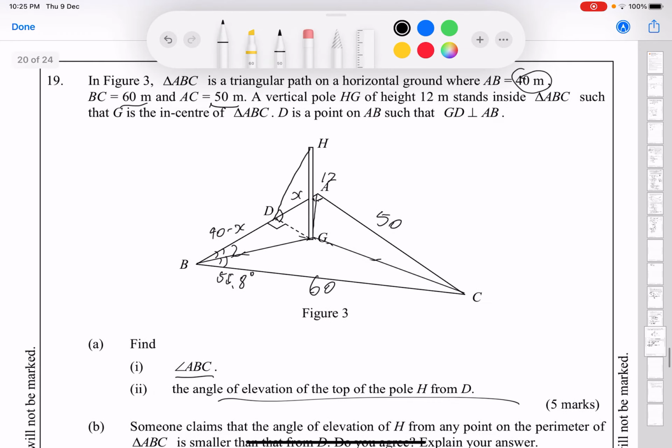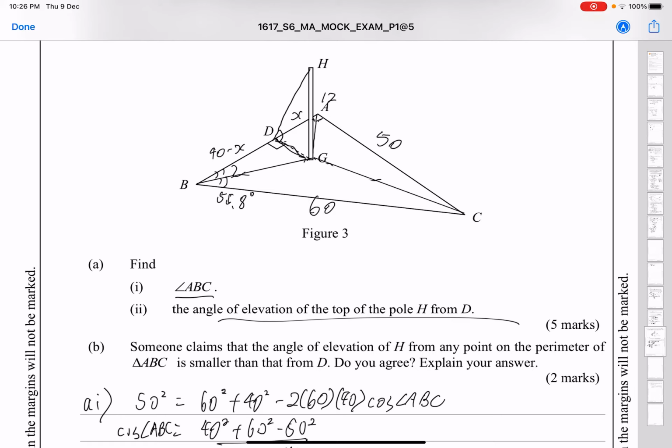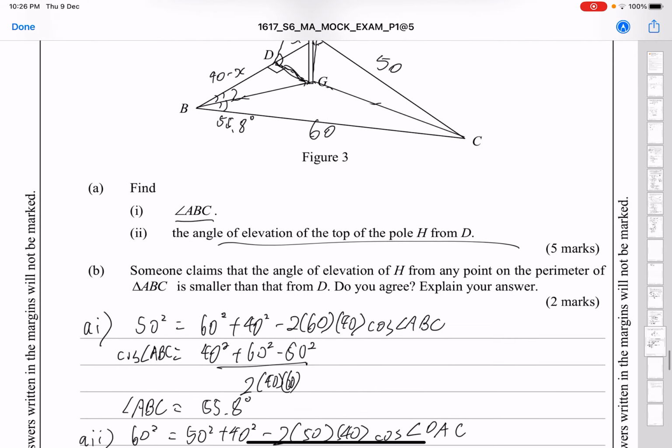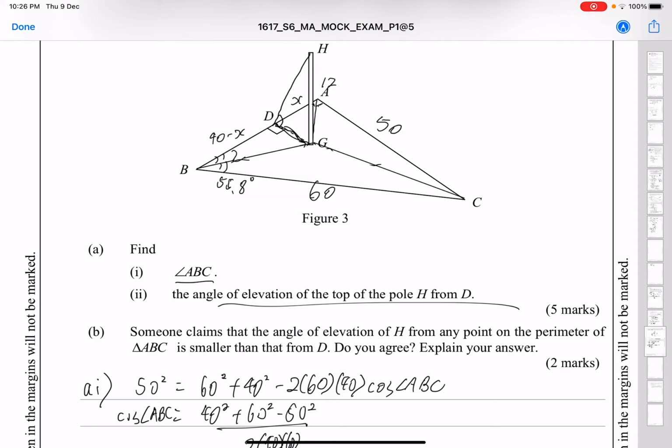Afterwards, we can find this DG here. How do we find it? First, we know that DG is a common side of this triangle DAG and BDG.